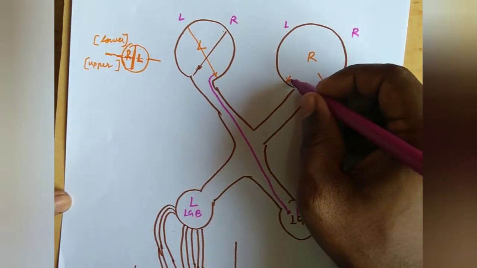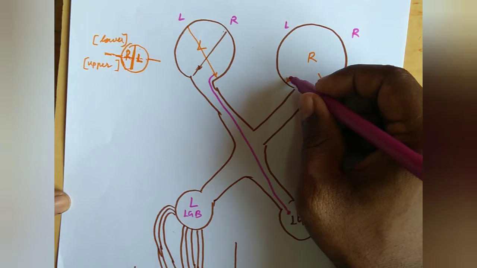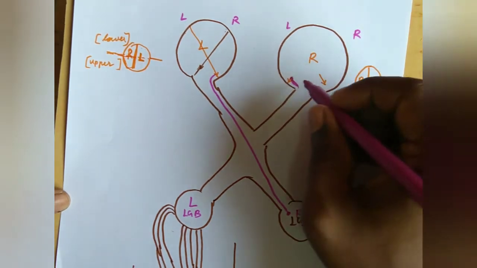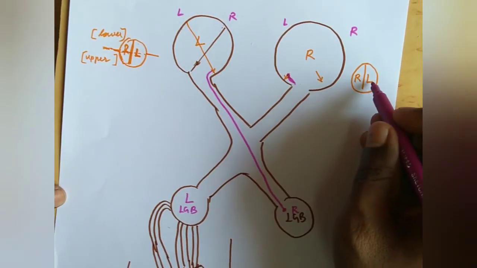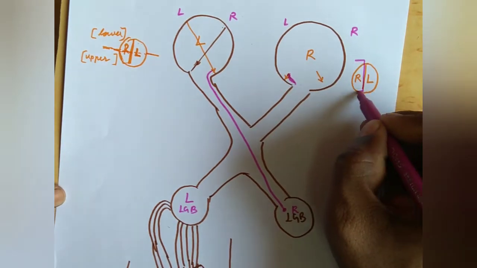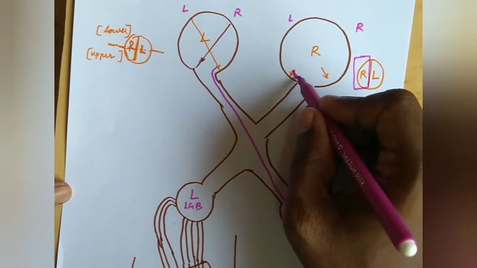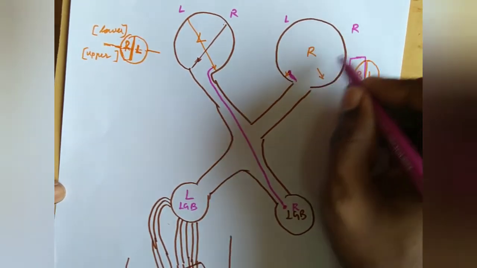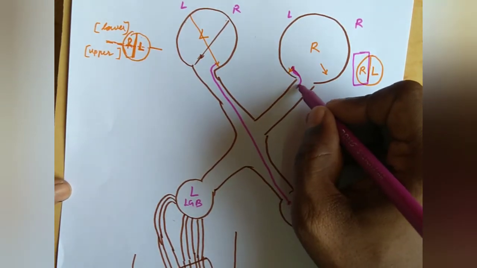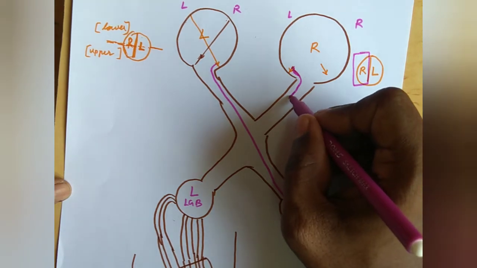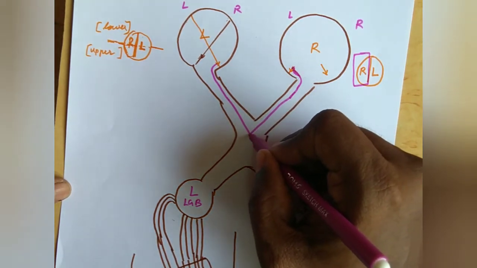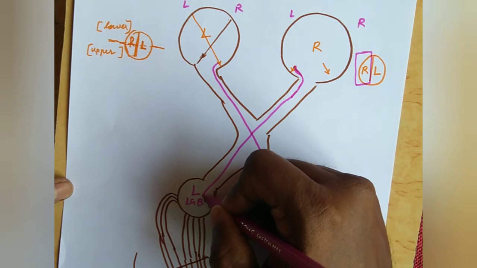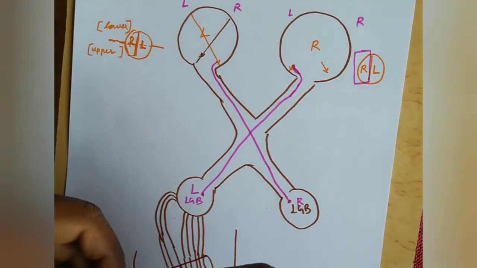Here also, the nasal fibers which are carrying the sensory inputs from the left half of this retina, which is carrying the right visual field of this eyeball, are crossing to the opposite side lateral geniculate body.